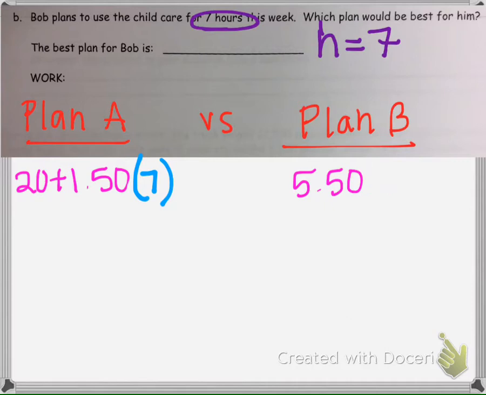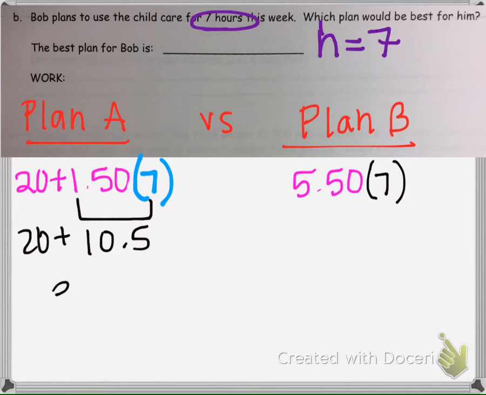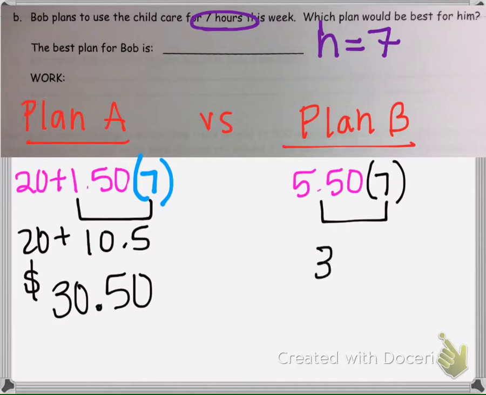So replace the H with 7. And then we know we do multiplication first. When we're talking about money here, we need a hundreds place. And then 5.50 times 7 is 38.5, but since we're talking about money, we need to add that 0 when we explain our answer here.